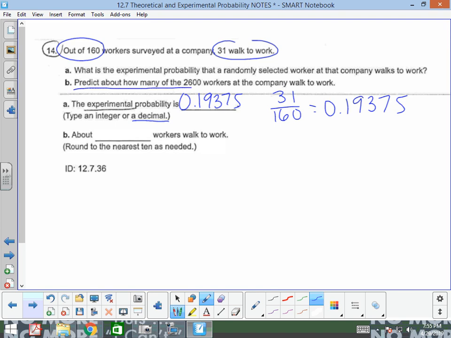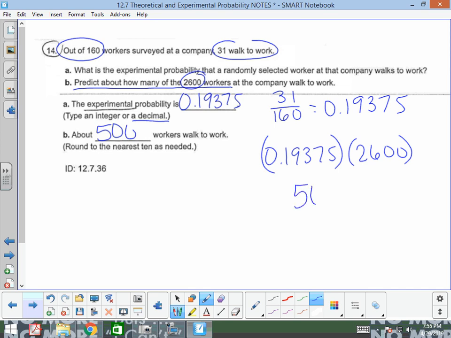Now predict how many out of the 2,600 workers at the company will walk. We take that probability, 0.19375, and multiply it times the total number of workers at the company. When you type this in your calculator, you get 503.75.